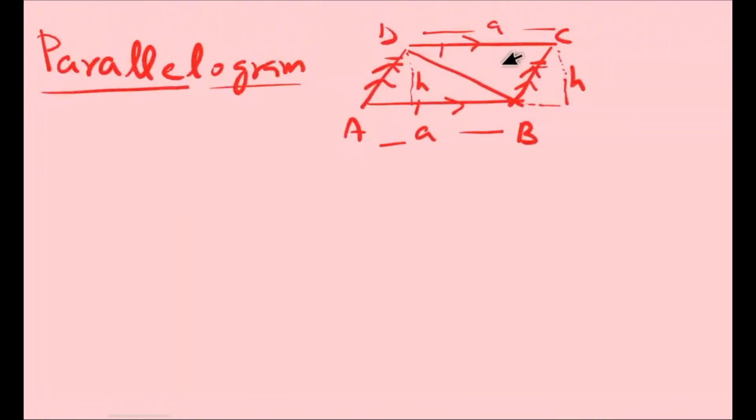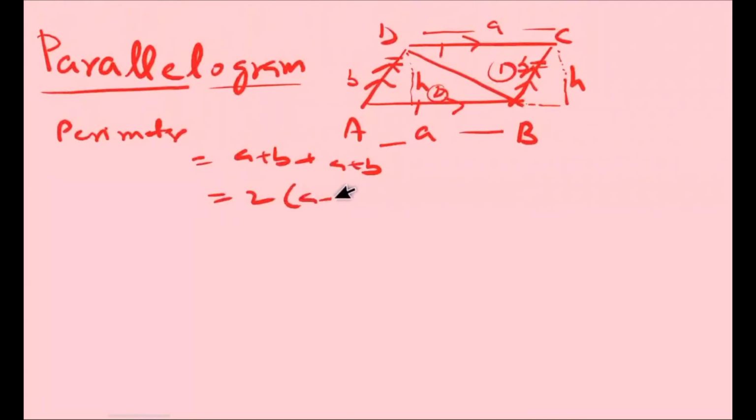Now first triangle, second triangle, let this side be B and this side be B. What is the perimeter? Perimeter equals A plus B plus A plus B, which equals 2A plus 2B. Now what about the area?